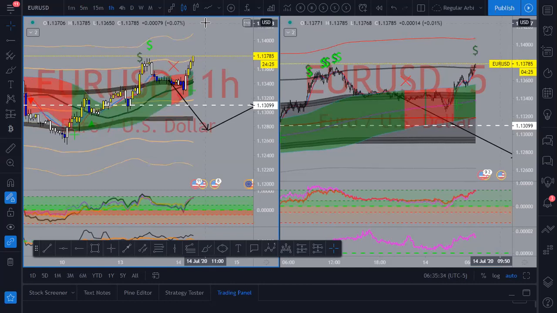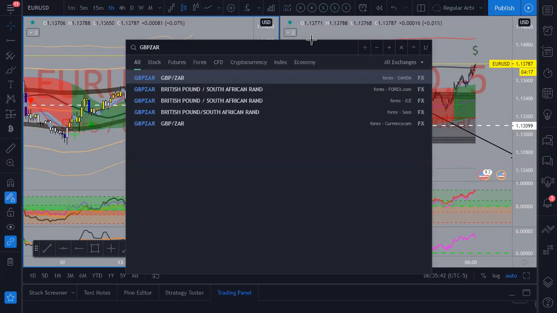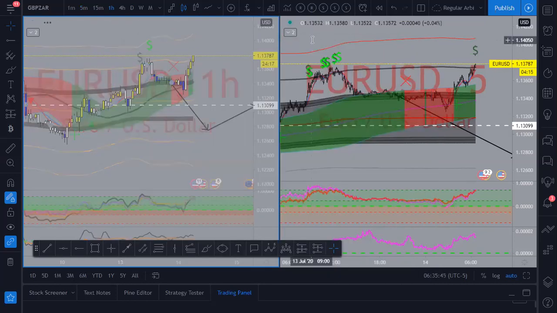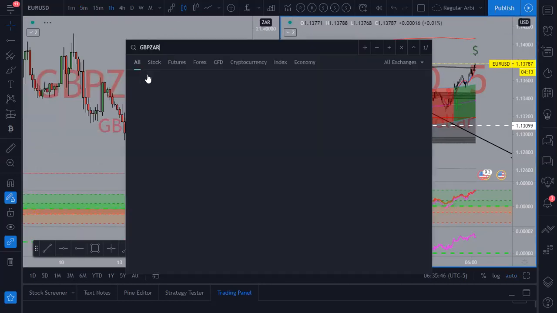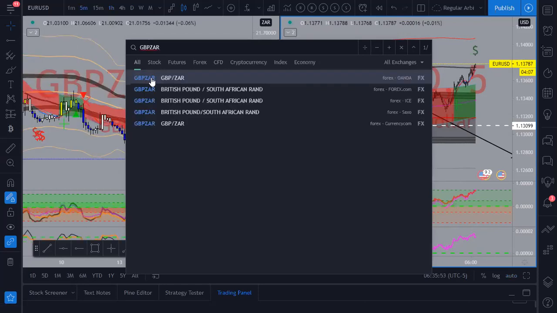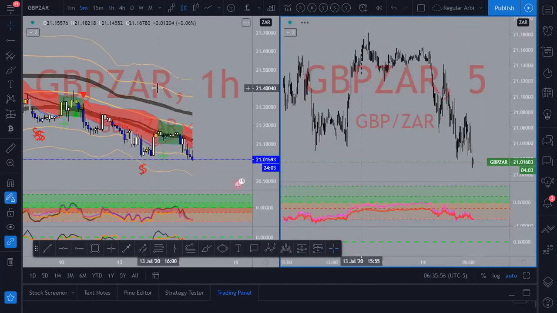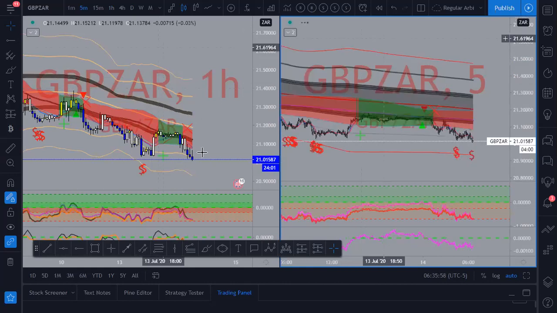Okay, let's go ahead and go on to GBPZAR and exotic. Let's look at these exotic pairs. Okay, I could definitely see why this pair is looking like it wants to buy.